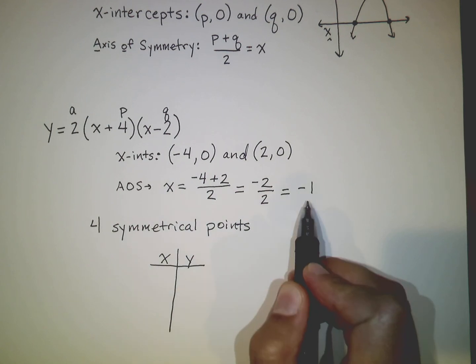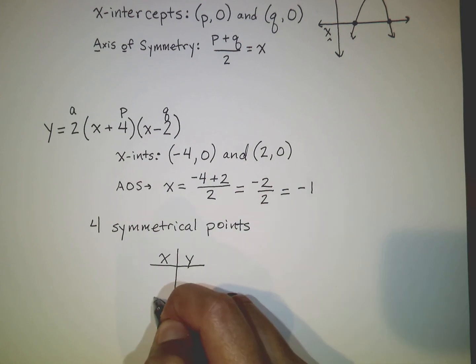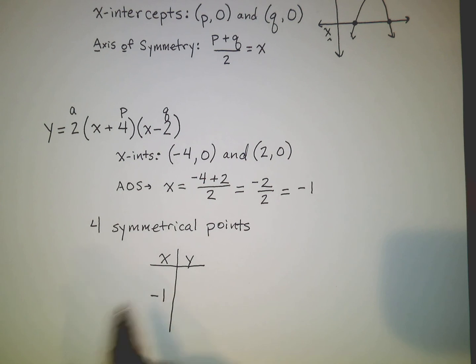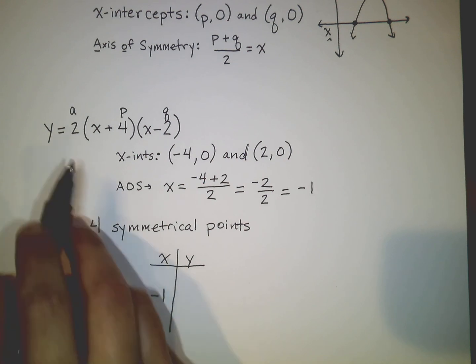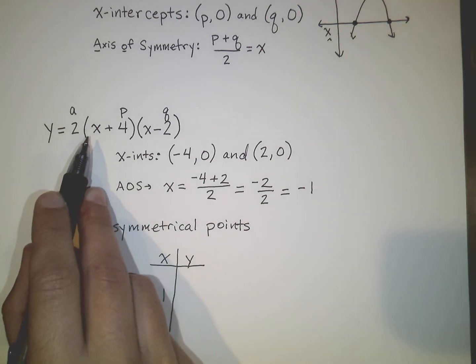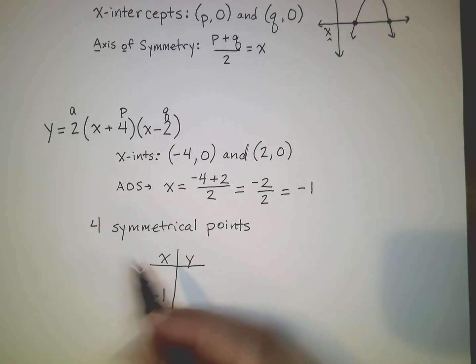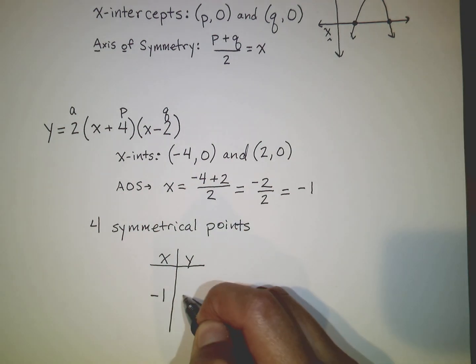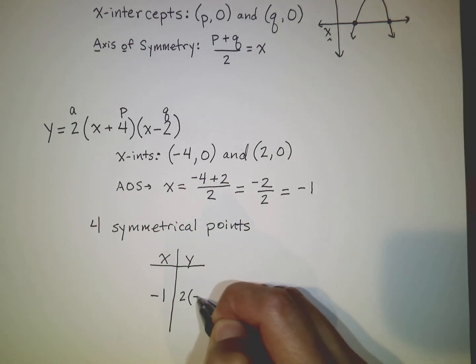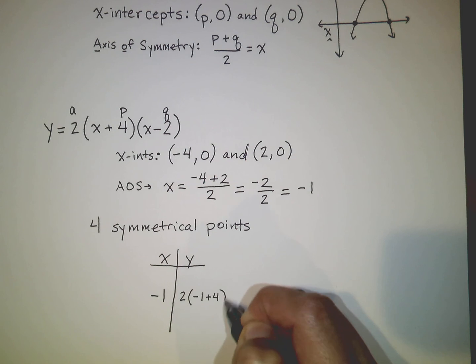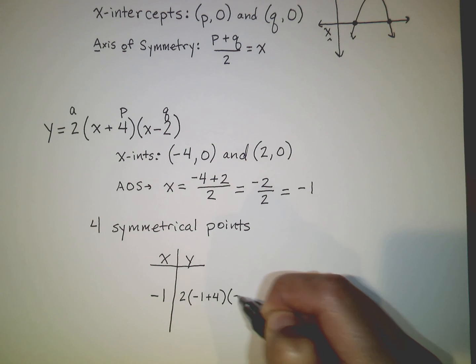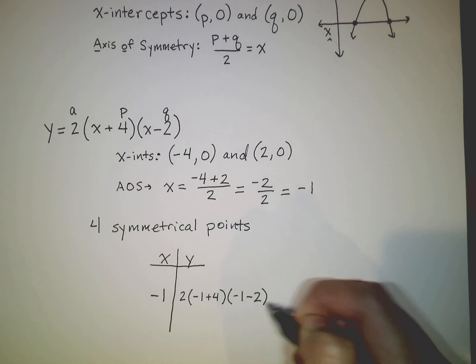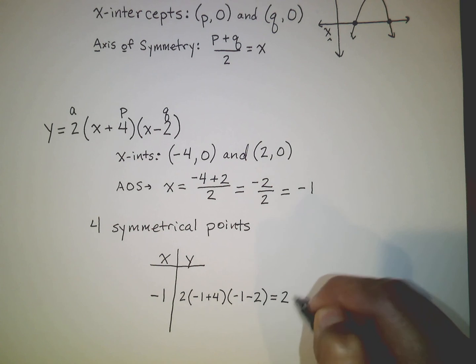My vertex, the x value, is going to be negative 1. And I'm going to plug negative 1 into the original equation for x to find out what my y value will be. So this will be 2 times (negative 1 plus 4) times (negative 1 minus 2), which is equal to 2.